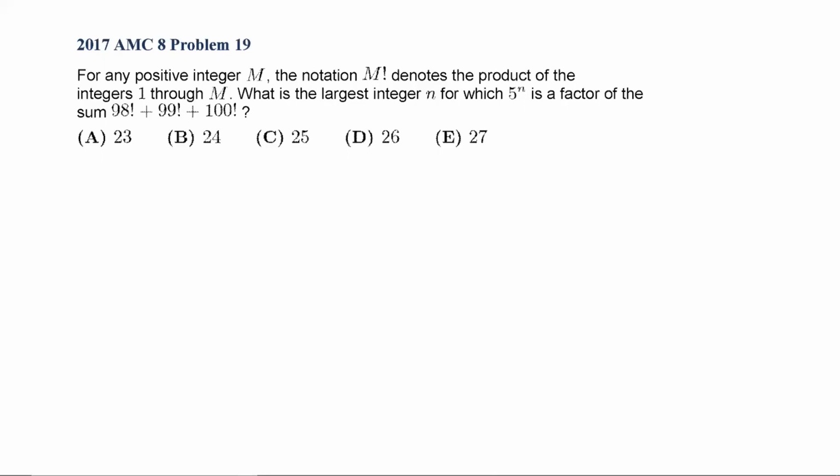Okay, so let's get started here. You'll notice that 98 factorial plus 99 factorial plus 100 factorial is a pretty big number. So obviously the way to do this is not to multiply it all out and just keep dividing by 5. The way you do this is first you notice that they're asking for powers of 5 being factors.